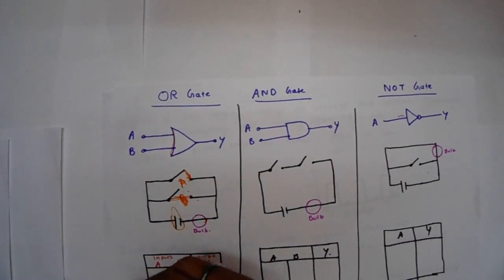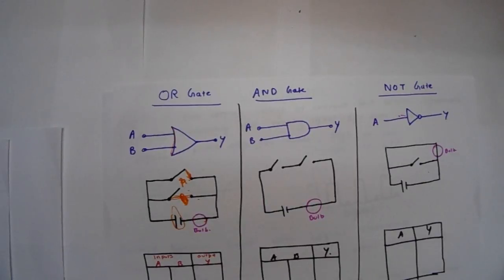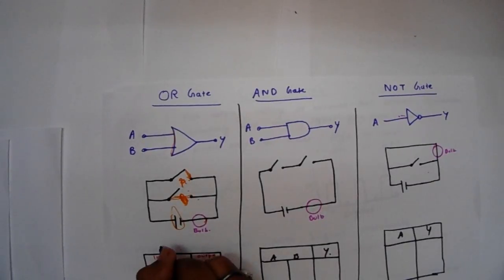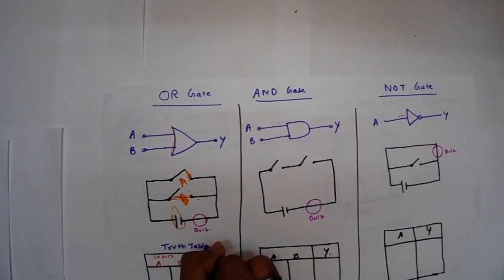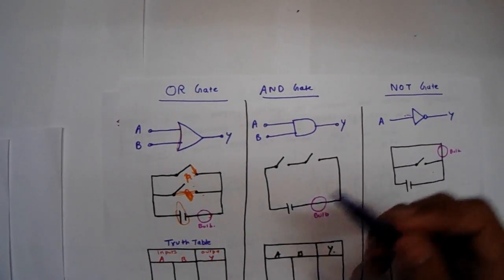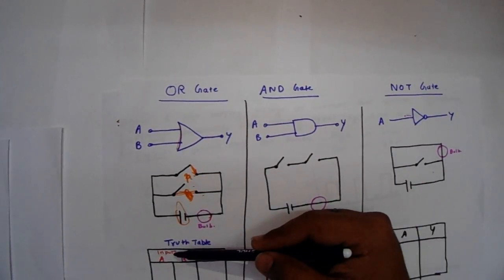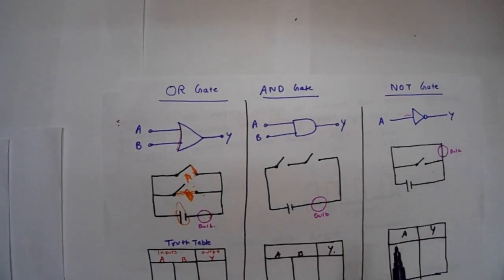So this is the truth table. We have inputs on one side and output on the other side.